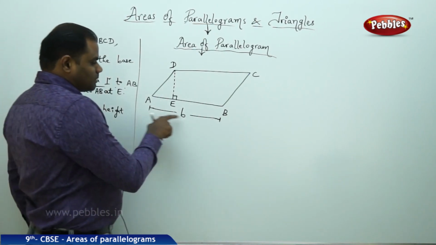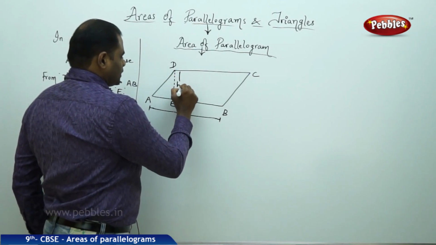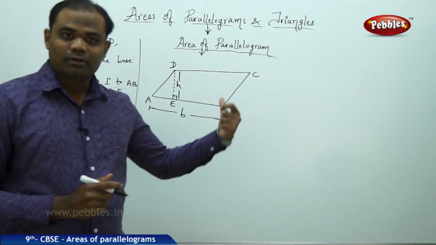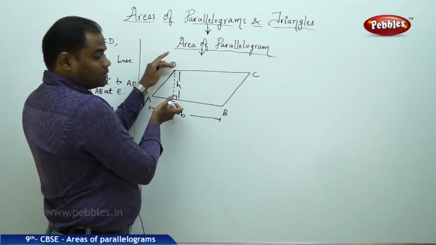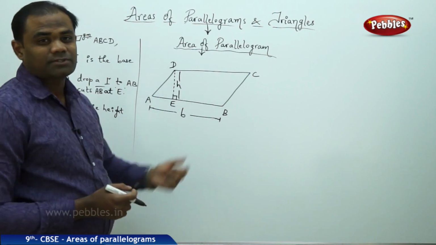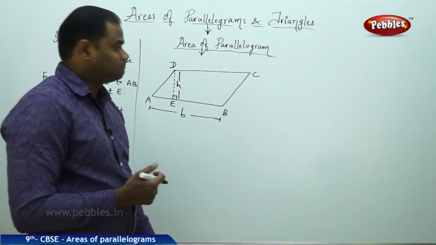So base denoted by B, of course, height now denoted by H. So we have the base and the height for the parallelogram ABCD. AB is the base and DE is the height. B stands for base and H stands for height. Now let's see the area of the parallelogram.